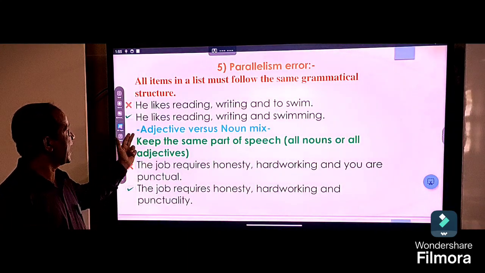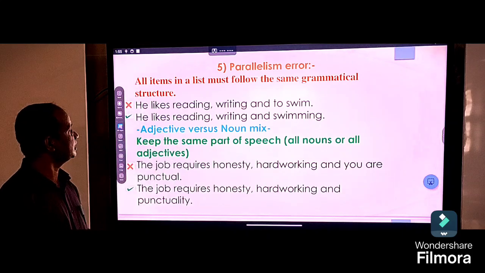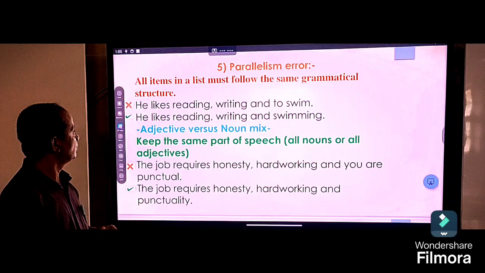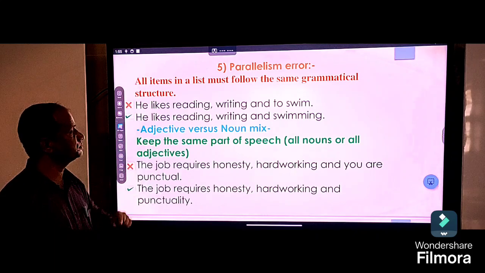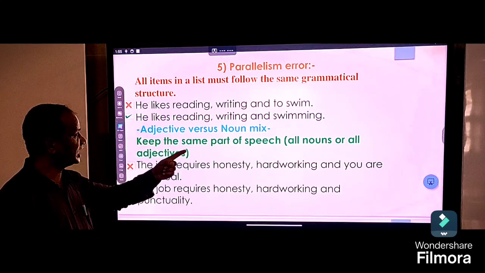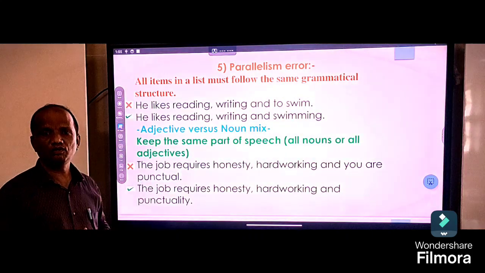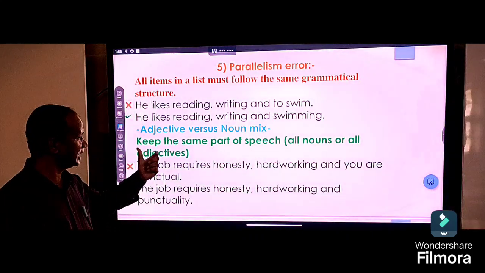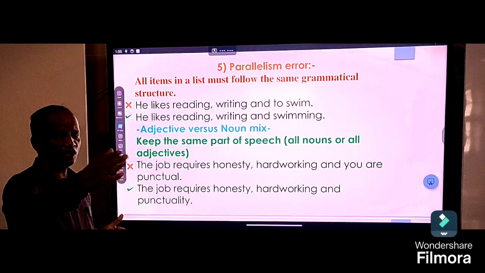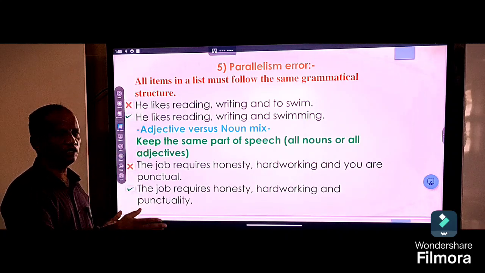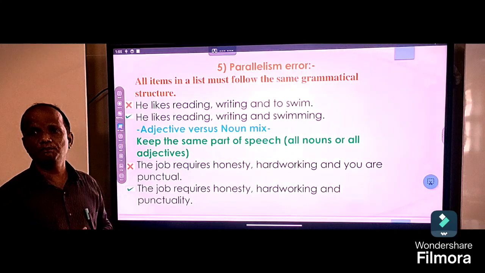Then sometimes an adjective versus noun mix error also happens. In a parallelism error, we have to keep the same part of speech: all nouns or all adjectives. If the sentence has nouns, we have to keep them all in noun form. If adjectives are given, we have to keep all of them in the same form.